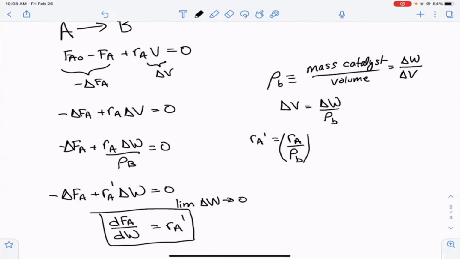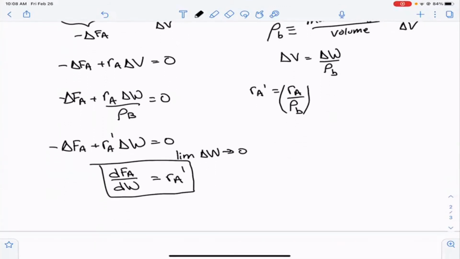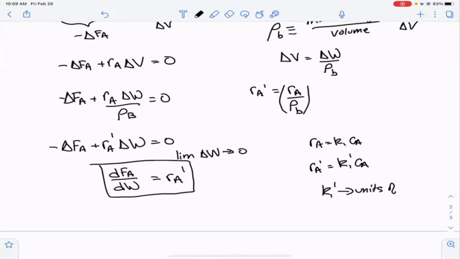And that's absolutely correct. So if we think about this, right, we had before that RA was equal to K1 times CA, for example, in this example where A goes to B. Well, here we're going to say RA prime just equals K1 prime times CA. And K1 prime just has the units of K1 divided by rho B. And so the units for K1, we remember for at least our simple reaction here where A goes to B, is seconds to the minus 1.